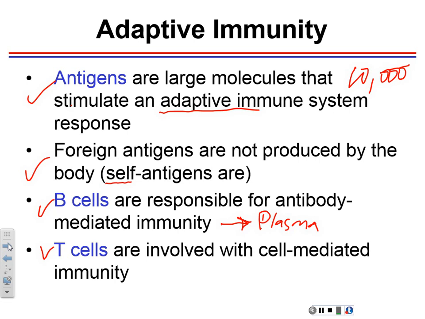The B cells, the ones that mature where? Where do B cells mature? B cells? B for? Bone. So the T cells mature in the thymus. All right.